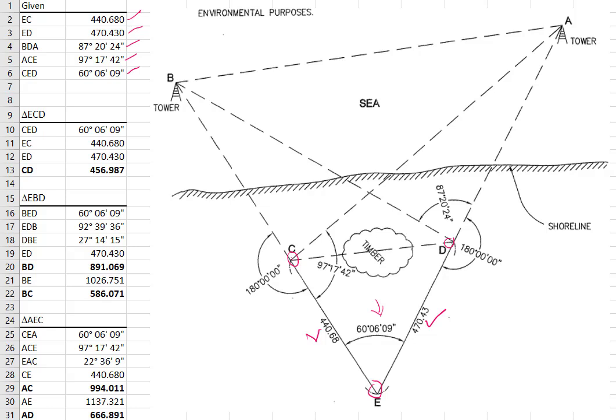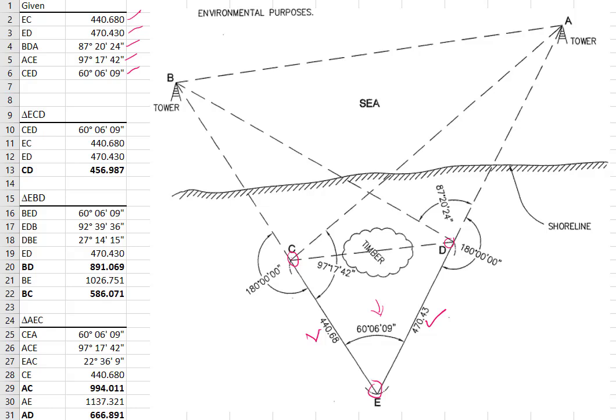I'm here in Excel, and I have some functions to do that. I wrote these functions. So if we consider the ECD triangle, I'm always referring to the triangles in a clockwise order, while for the angles I'm referring to them in counterclockwise order.